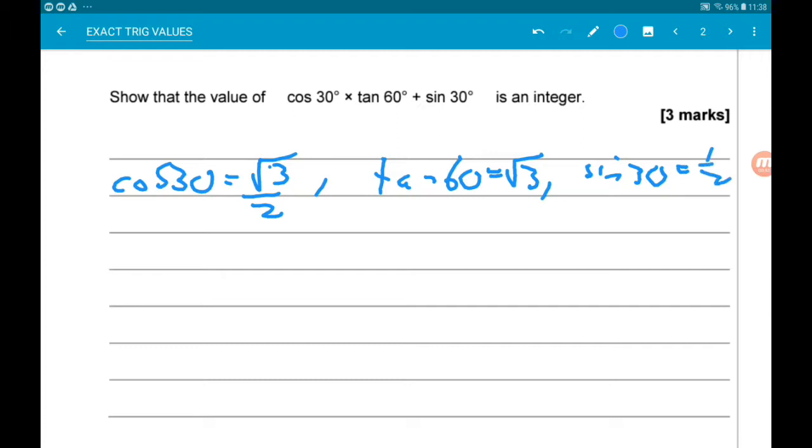So, we have then root 3 over 2 times root 3 add 1/2.